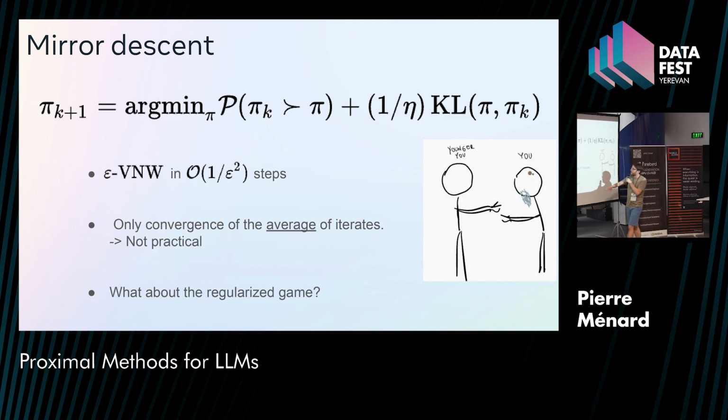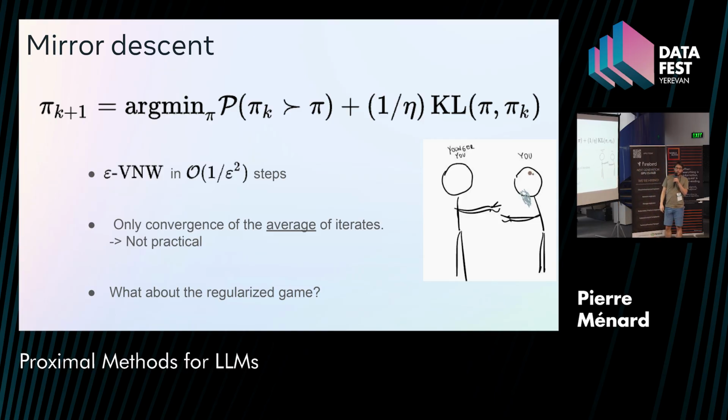And you can show that if you apply this, you can get an approximation of a von Neumann winner at epsilon in terms of suboptimality gap, and you can get it in a polynomial number of steps with respect to this epsilon. Okay, so this is nice.